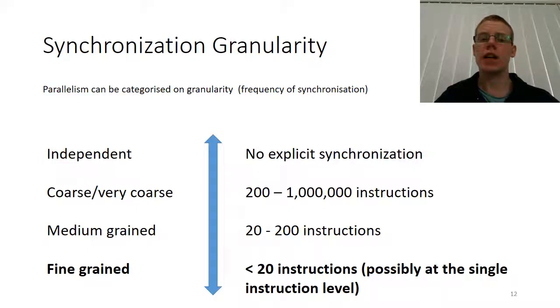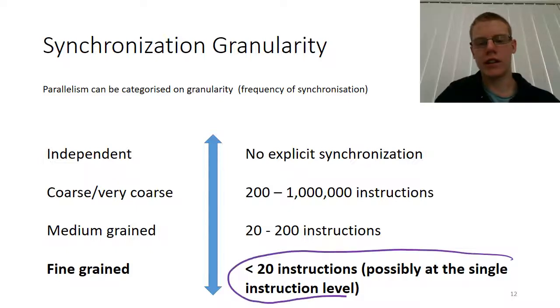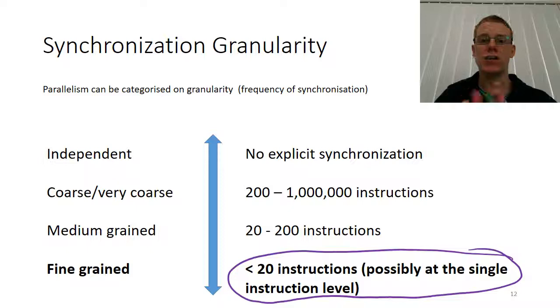These tend to be very specialized, so each individual problem that has to be handled has to be done in a very different and specialized manner, and the implementations tend to be fragmented with many different approaches. At this point, we are considering parallelism where we have synchronization within a handful of instructions, and maybe even at the single instruction level.